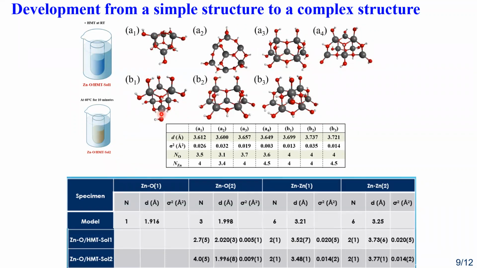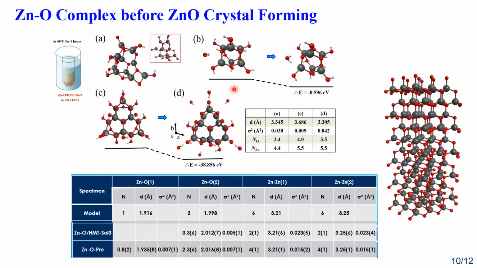When we heat up to 60 or 80 Celsius, we expected about 3 plausible zinc-O complex structures. Although there are different structures, comparing to the XAFS result and also the stability of the structures, we expect that B1 and A1 are probably more stable than the other structures.